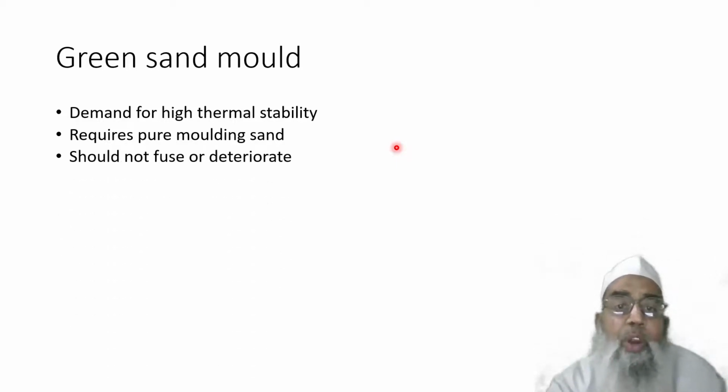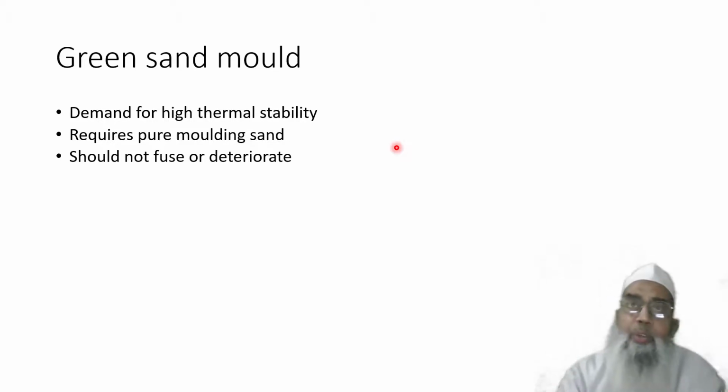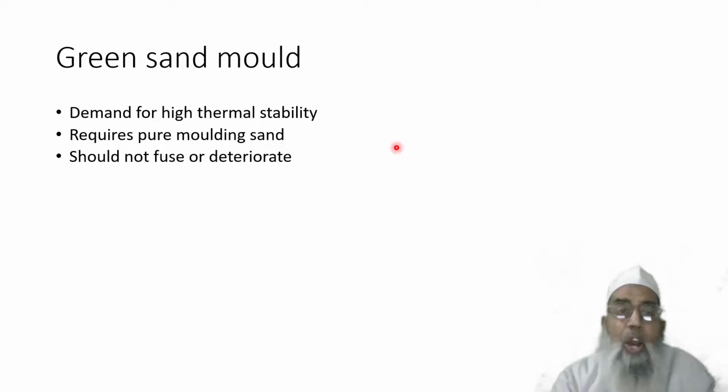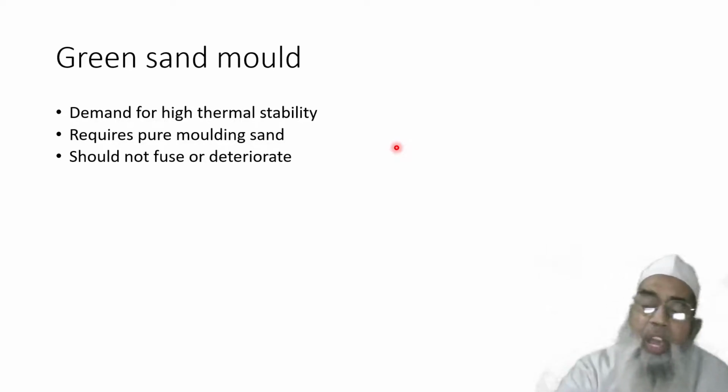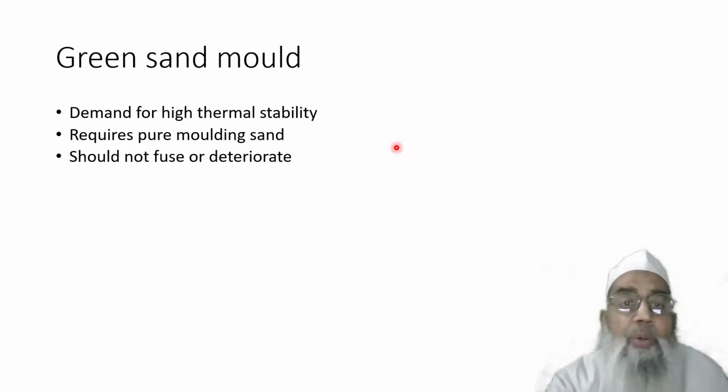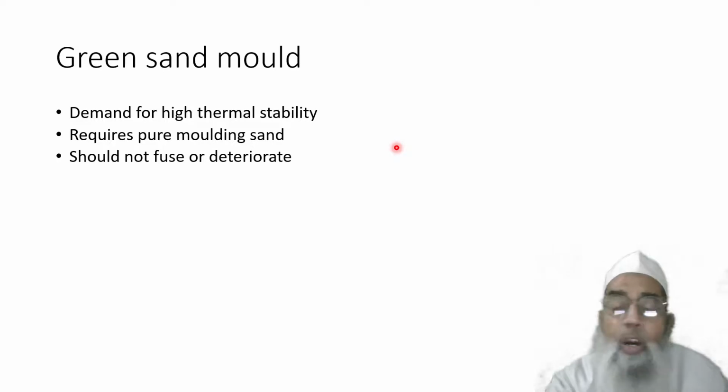It should not fuse or deteriorate. We should not have additives which may cause fusion or deterioration, and therefore we use a better type of molding sand, or pure sands.